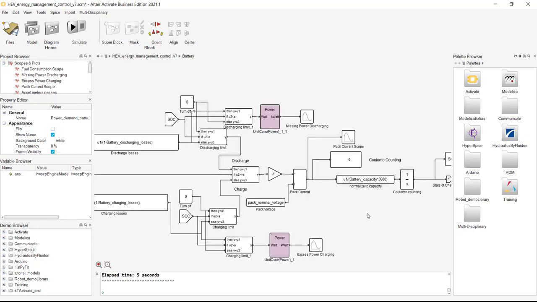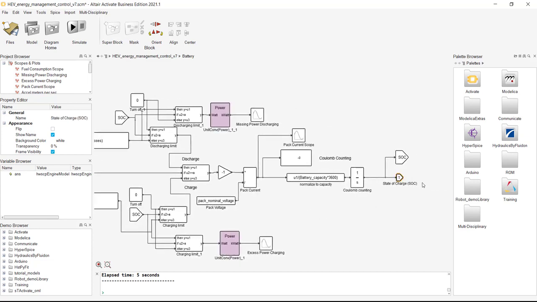We're updating our state of charge at every moment, the amount of energy remaining in this battery.